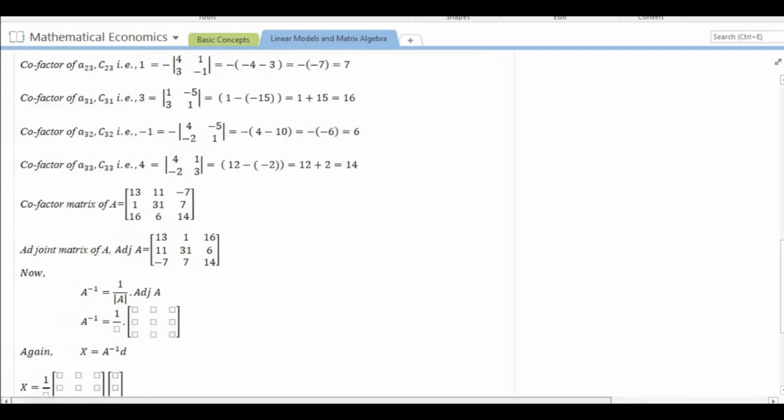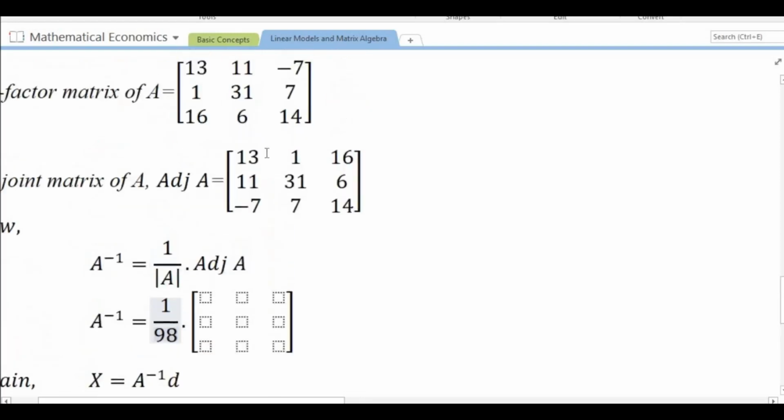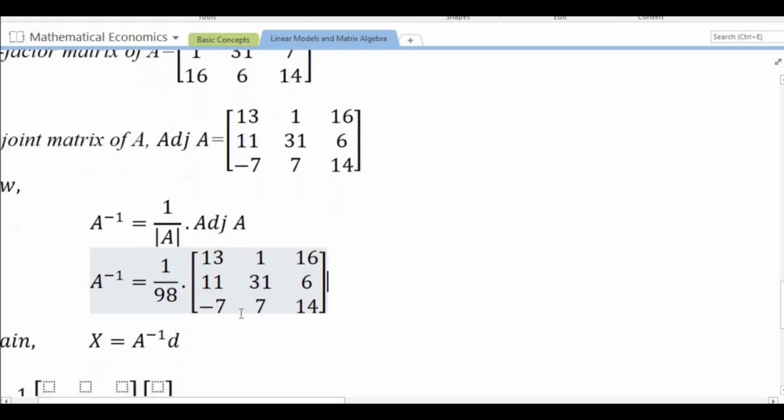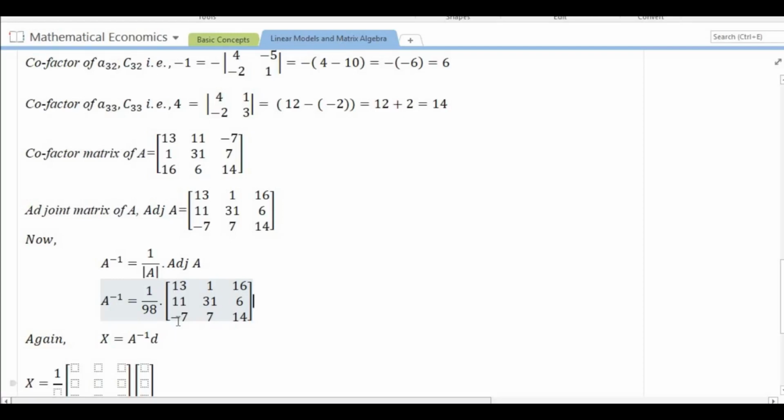So let us write 1 by 98 times adjoint matrix. This is the adjoint matrix. So this is our A inverse.